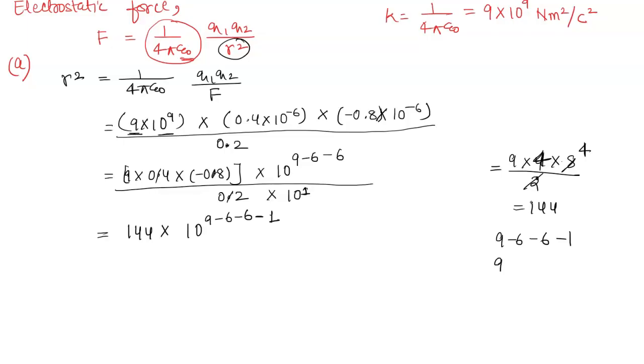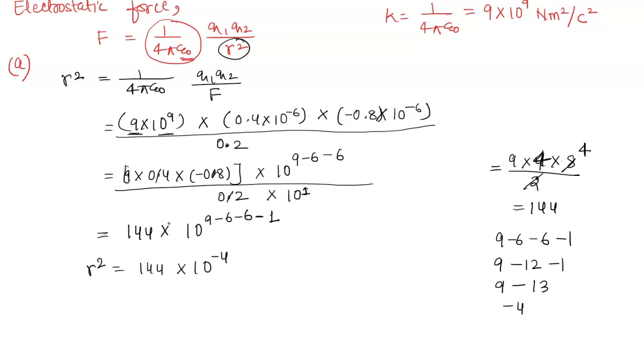Here 9 minus minus is plus, giving 9 minus 12 minus 1, which is 9 minus 13, that is minus 4. So we get 144 into 10 to the power minus 4.